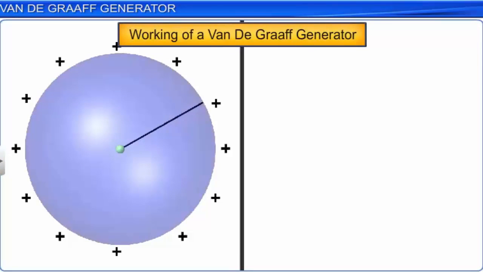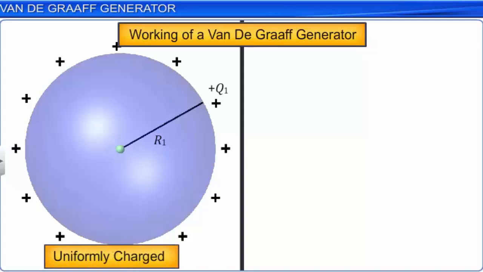To understand the principle behind the working of a Van der Graaff generator, let us consider a large conducting shell of radius r1 with a charge plus Q1 on it. This charge is uniformly spread over the conducting shell.